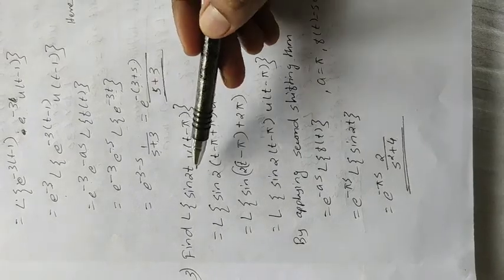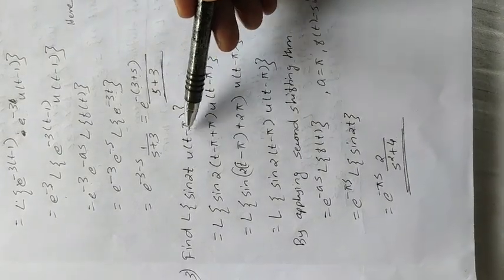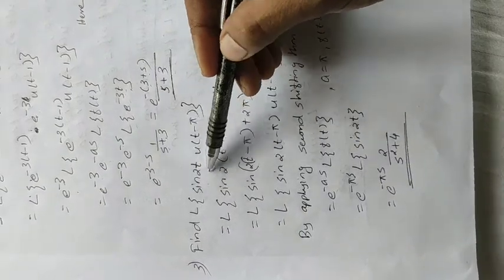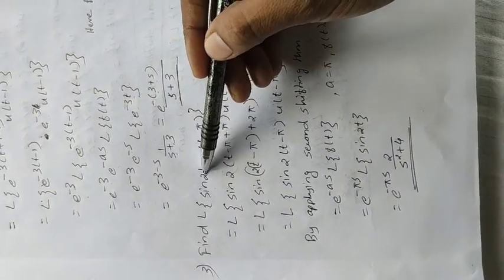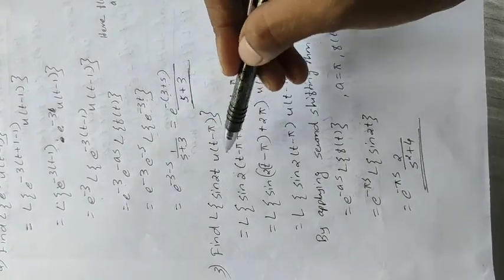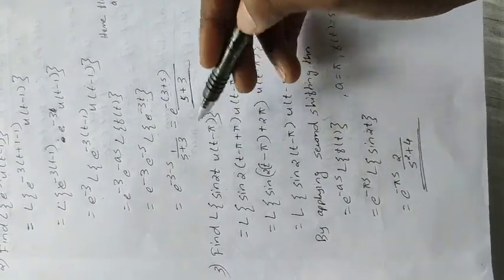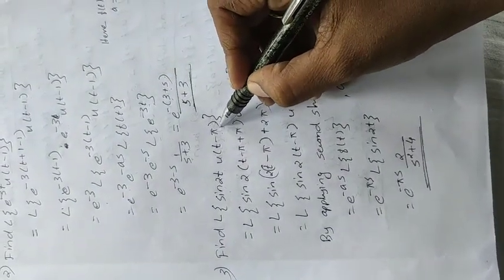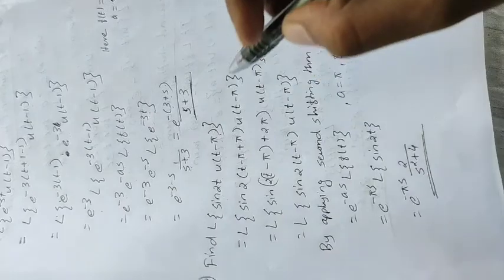Next, find the Laplace transform of sin 2t u of t minus pi. Here also this is not in the form of f of t minus a. To make it in that form, we have to add and subtract pi. Here this is u of t minus a, so a equal to pi, so add and subtract pi from t.